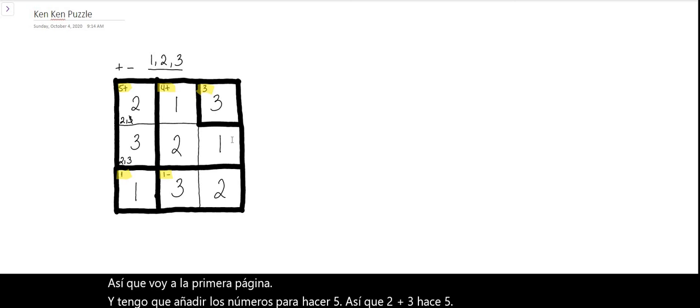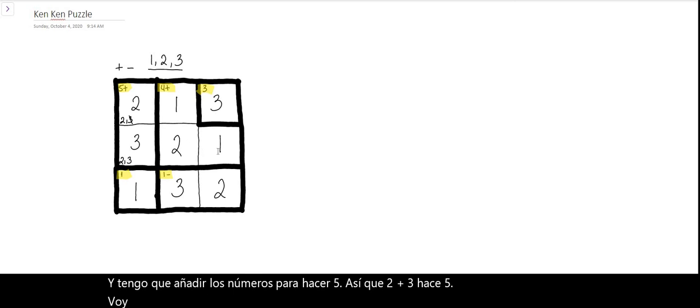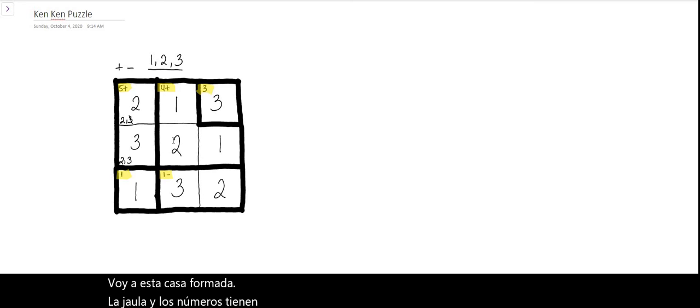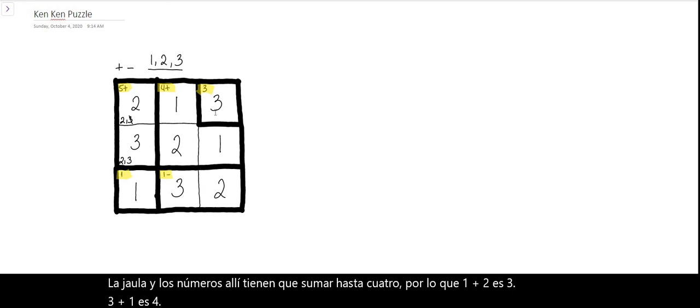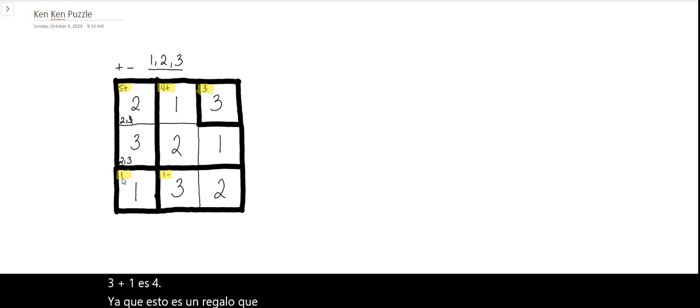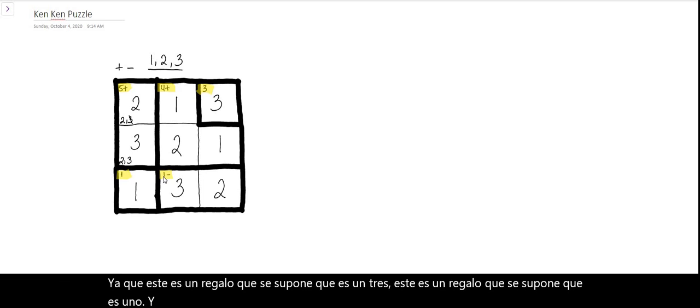I go to this L-shaped cage and the numbers there have to add up to 4. So 1 plus 2 is 3, 3 plus 1 is 4. Since this is a freebie, that's supposed to be a 3. This one's a freebie, that's supposed to be a 1. And here the numbers have to subtract to make 1. So 3 take away 2 is in fact 1.